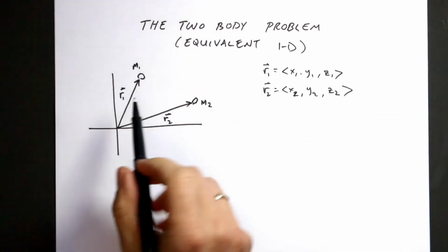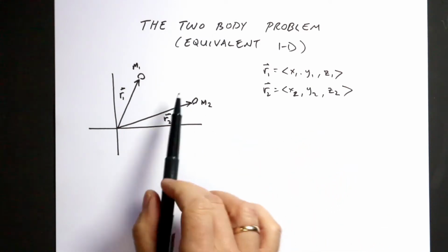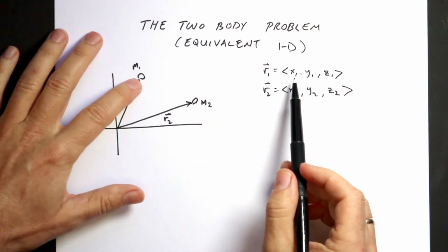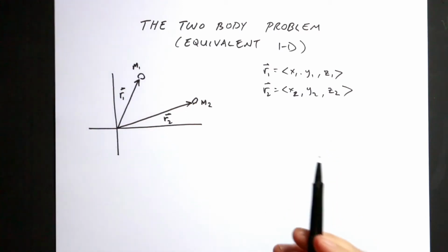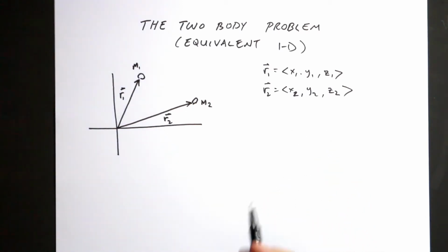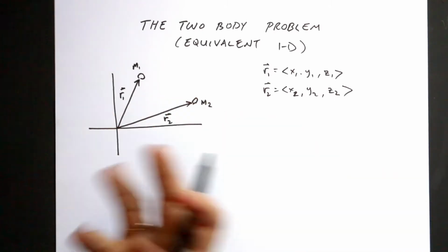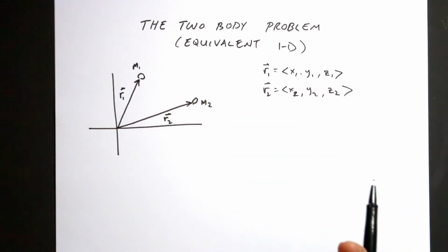So, if I wanted to describe the situation, I would need 3 coordinates for mass 1, 3 coordinates for mass 2, and if you add 3 plus 3, you get 6. So this is a 6 degree of freedom problem. There's no constraints because they're just out in space. So I have 6 degrees of freedom.